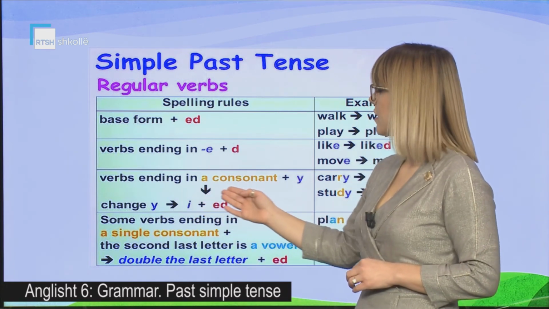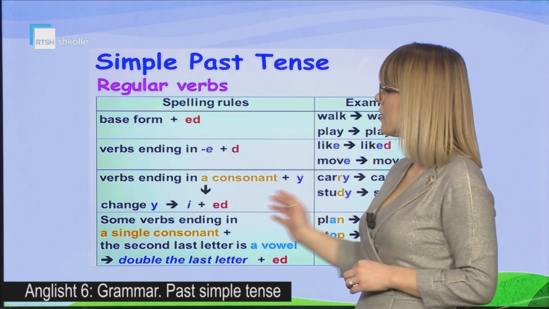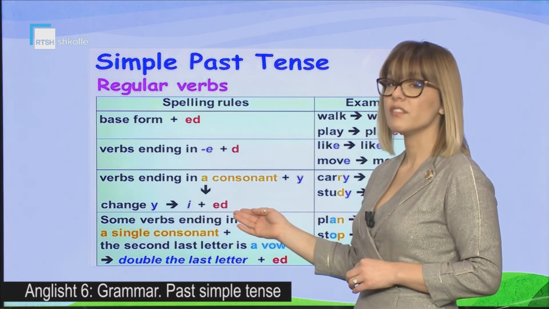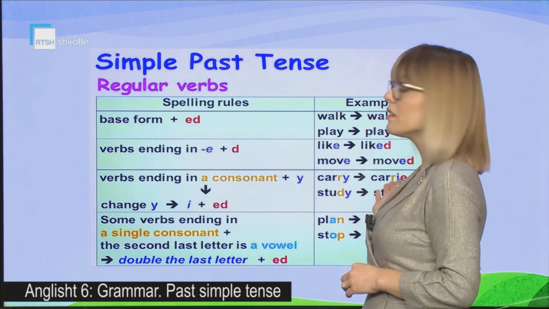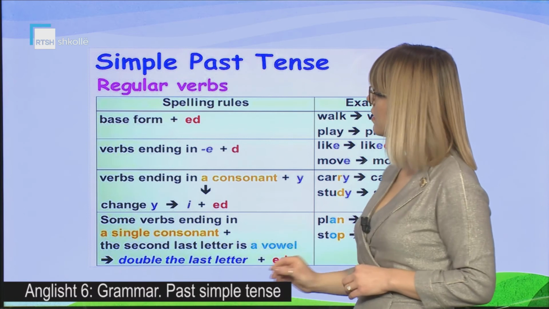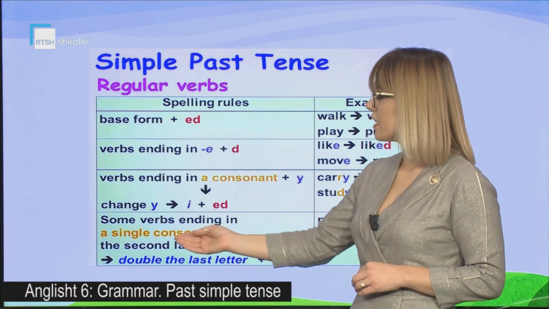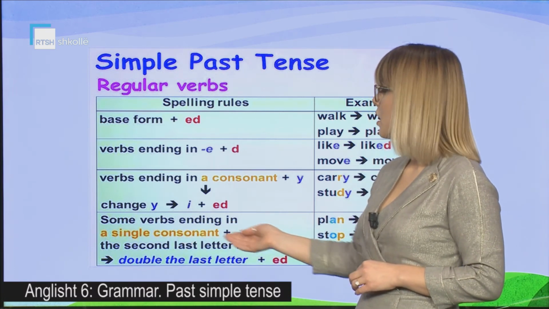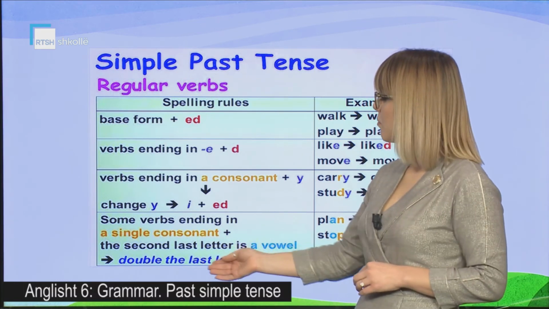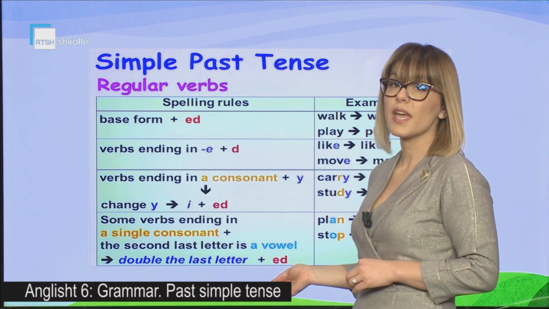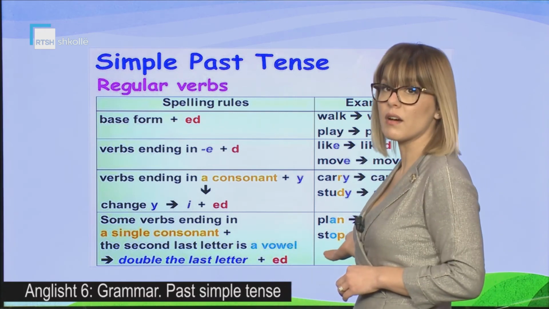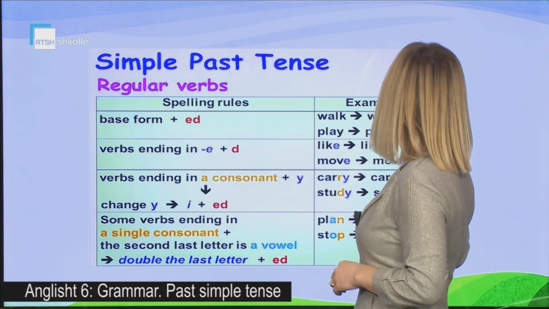Verbs ending in a consonant plus y, change y to i plus ed. Carry, carried. Study, studied. For some verbs ending in a single consonant where the second last letter is a vowel, we double the last letter and add ed. Plan, planned. Stop, stopped.